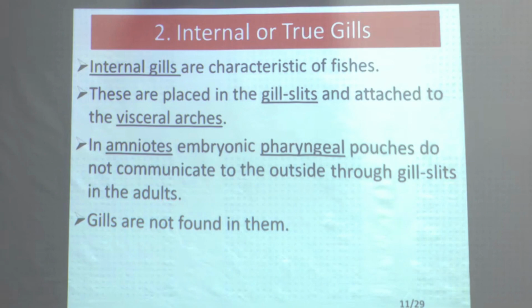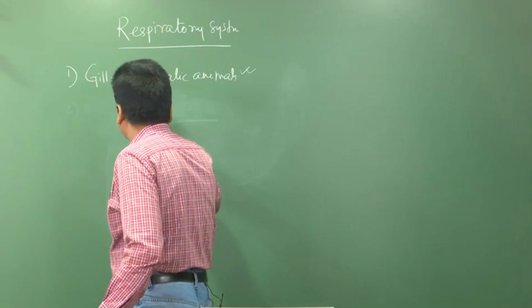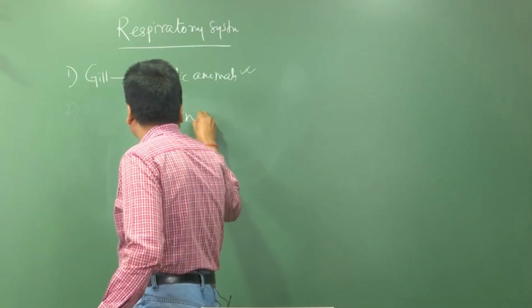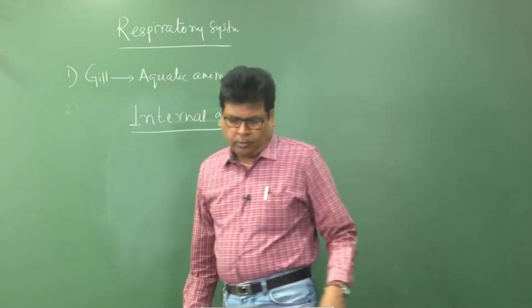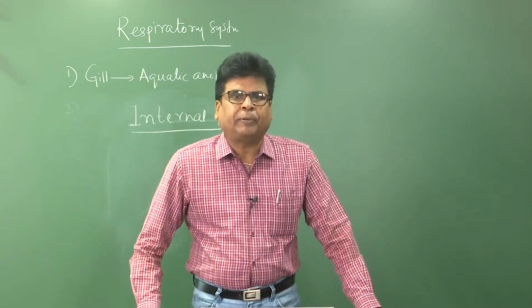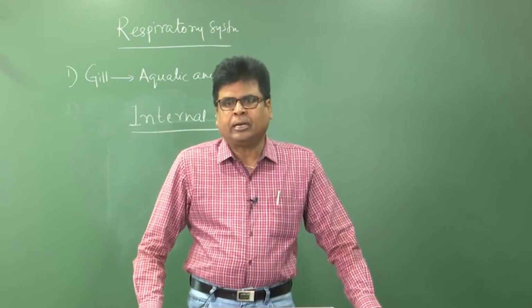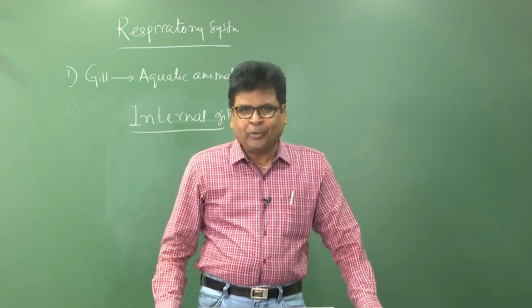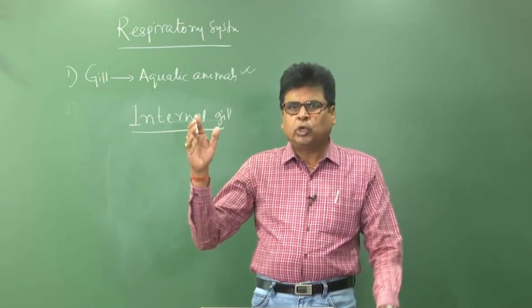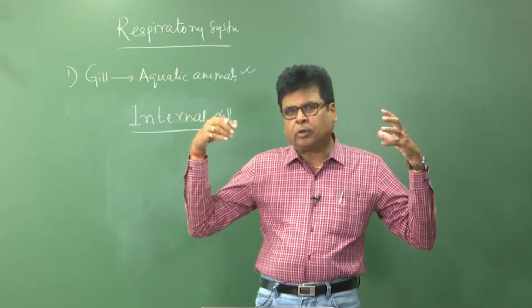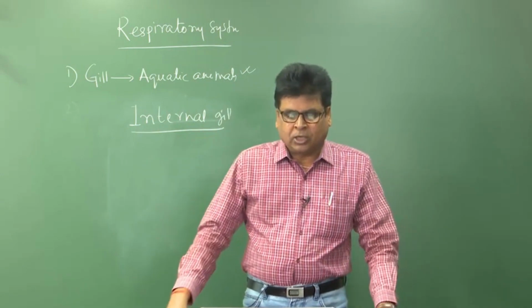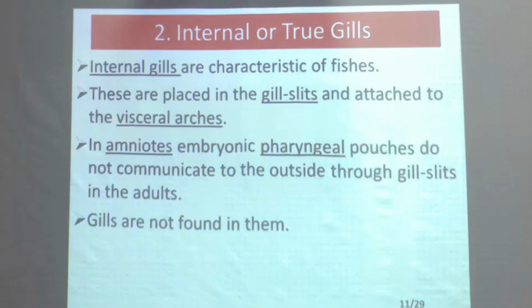So internal gills are very common in fishes. Internal gills are the characteristic of fishes, and you have also seen that at the head region a pair of operculum is present. This operculum encloses the gills. They are placed in the gill clefts or gill slits and attached to the visceral arches.